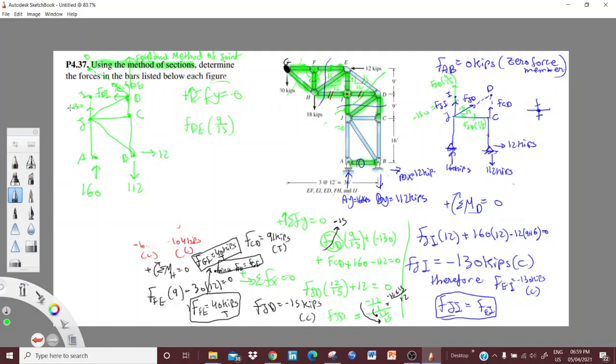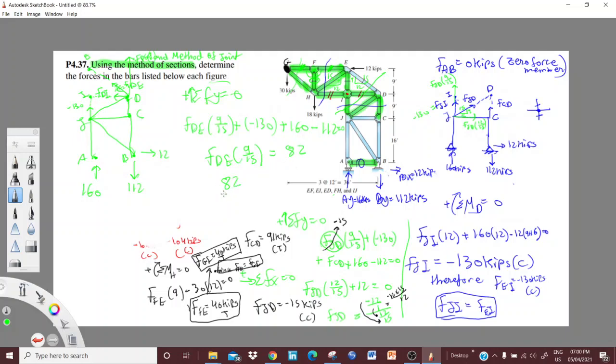And you have upward force plus negative 130, and you have upward force which is plus 160. You have downward which is minus 112, equal to 0. In this case, we can find x: minus 130 plus 160 minus 112. Therefore, FDE times 9 over 15 is going to be 82.